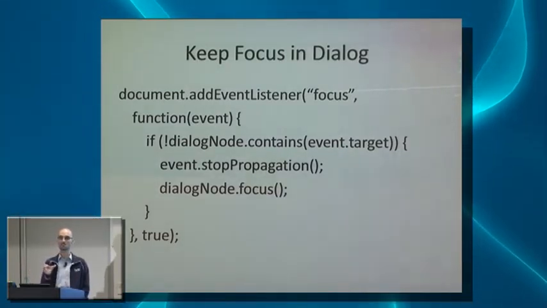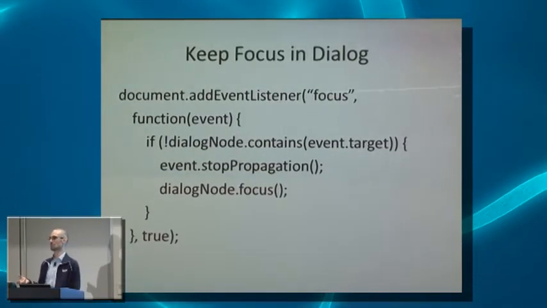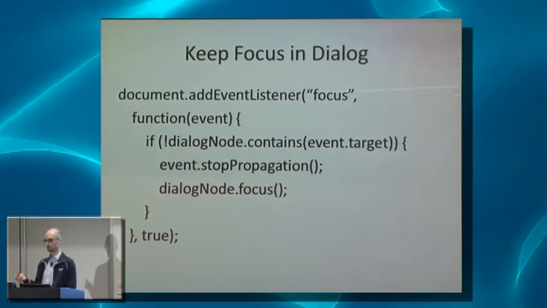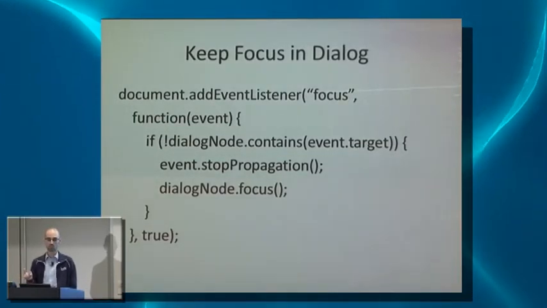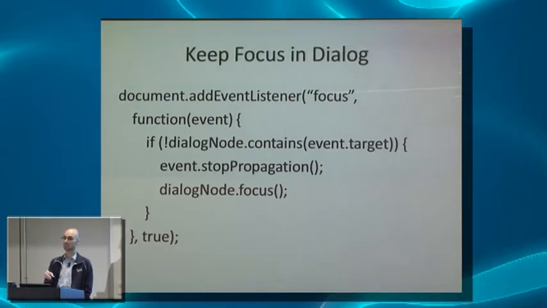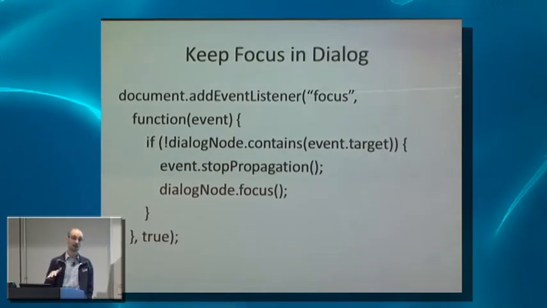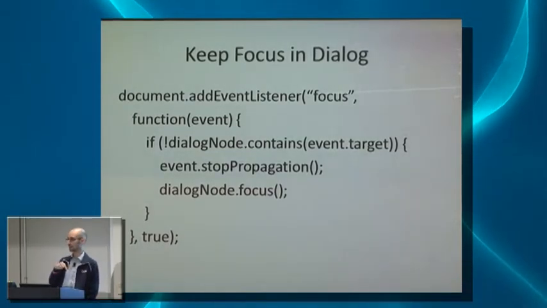You have this dialog represented maybe by a div, and you've stored a reference to that in a variable called dialog node. And all you need to do is say, if not dialogNode.contains(event.target), then stop all that from happening and just set focus back to the dialog.